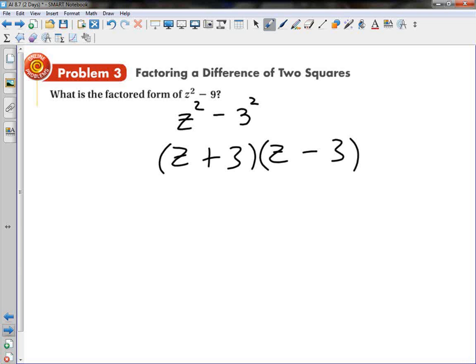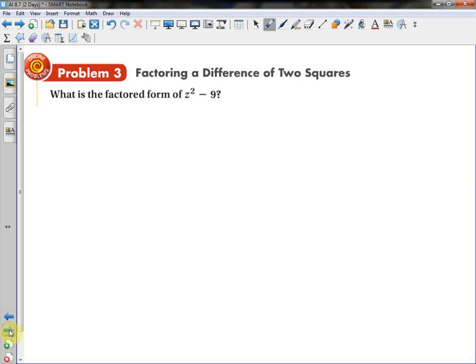Now, I'm going to relate this back to factoring from what we originally learned. So let me erase this. I'm going to rewrite this difference of squares problem just a little bit. So I have z squared plus 0z minus 9. I added in this 0z part because we don't have any of those, but I'm going to leave it in there as a placeholder.